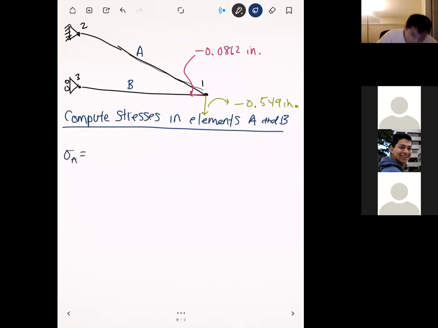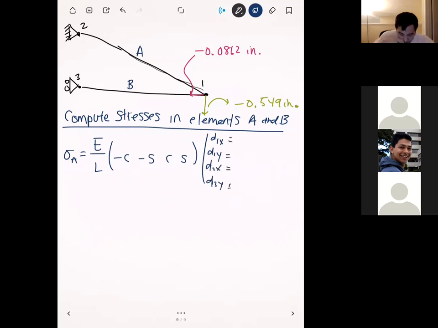And so sigma A is going to be E over L, times minus cosine, minus sine, cosine, sine, times the displacement vector that this element is acting on. In this case, element A is acting on nodes 1 and 2, so this is going to be d1x, d1y, d2x, d2y.